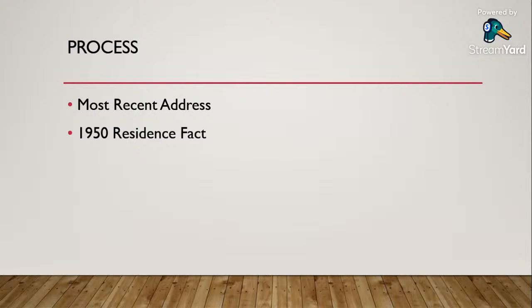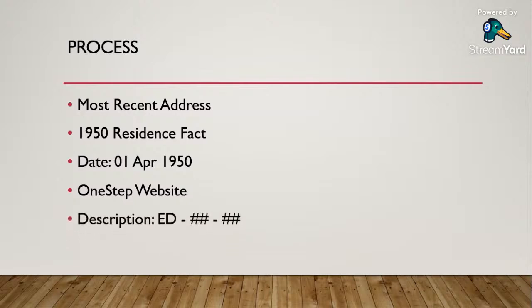But so I have a residence fact, and I specifically use the official date for the 1950 census, which is April 1st, 1950. I utilized the One Step website, where I was able to determine, based on the address that I had, the most recent address, that I had an enumeration district.